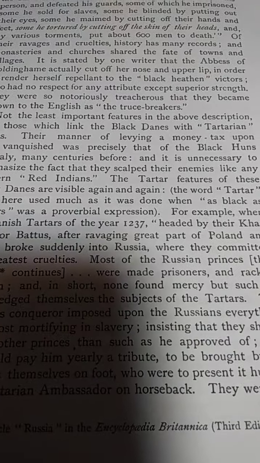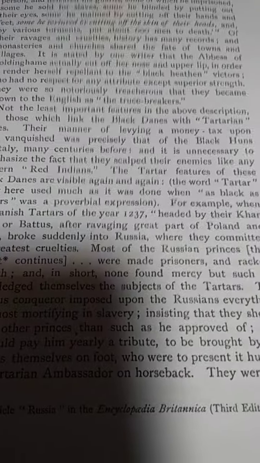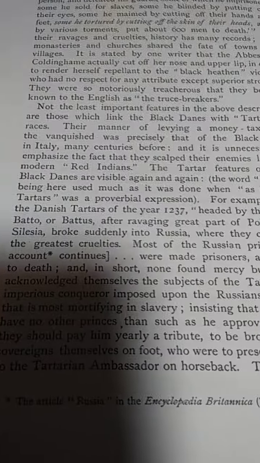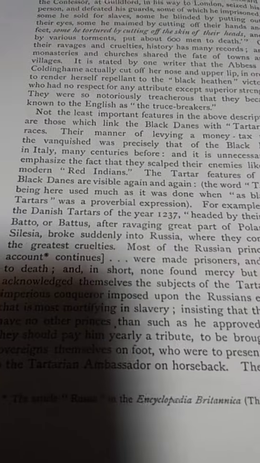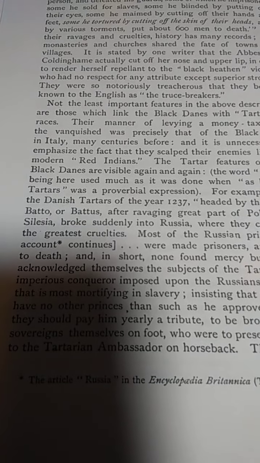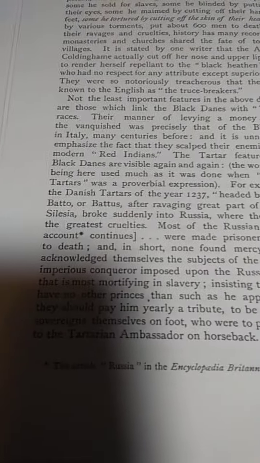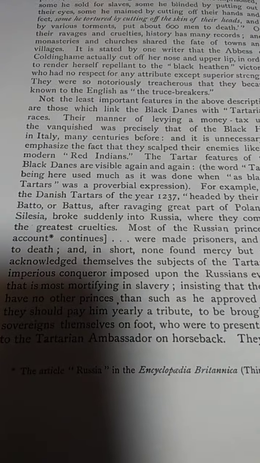It is unnecessary to emphasize the fact that they scalped their enemies like any modern red aboriginal Indians. The Tartar features of these Black Danes are visible again and again, the word Tartar being here used much as it was when "as black as Tartars" was a proverbial expression.